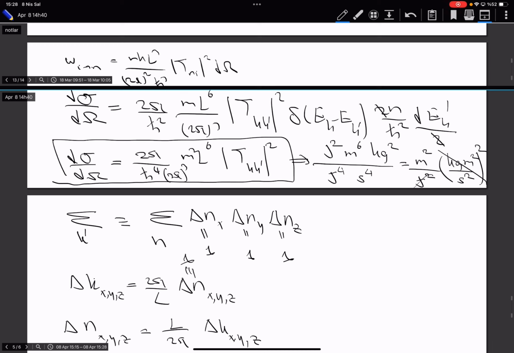Other questions? Cannot there be a process where a scattered particle gains some energy from the scatter? Now, in this process, no, because we are basically assuming that V is independent of time.